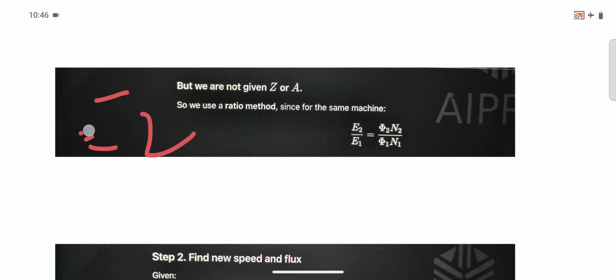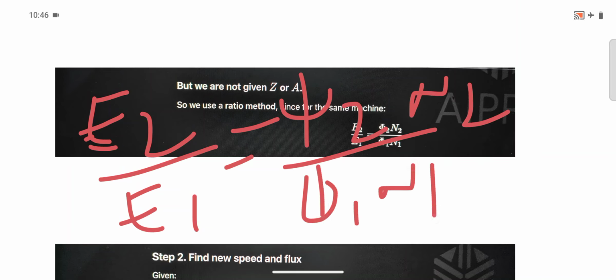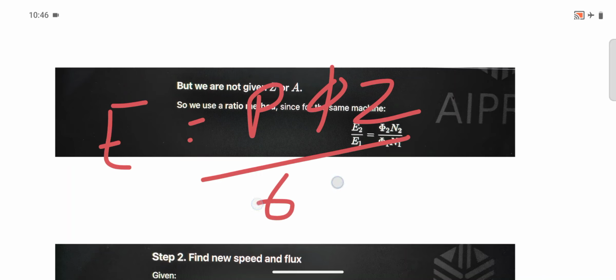E2 by E1, where E1 and E2 are EMFs, is phi 2 N2 by phi 1 N1. It comes from the above equation. How?